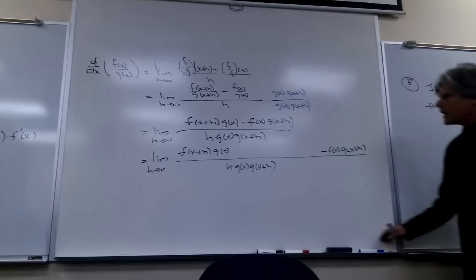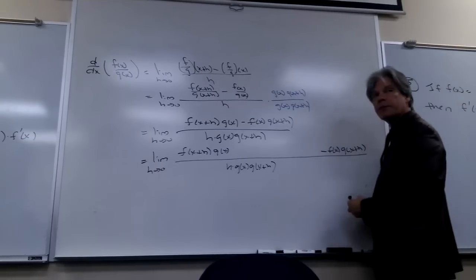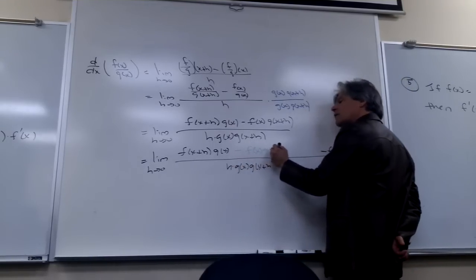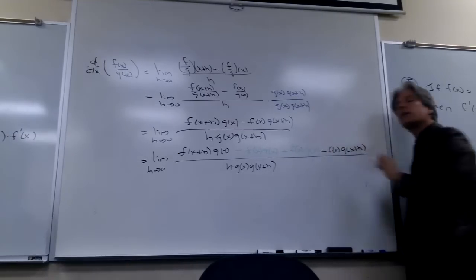And here, with my green pen, is where I'm going to insert another funky looking form of 0. I'm going to subtract off the product of f of x and g of x and add it back in. Perfectly legal. Yet again, I'm adding a funky looking form of 0 to that numerator.